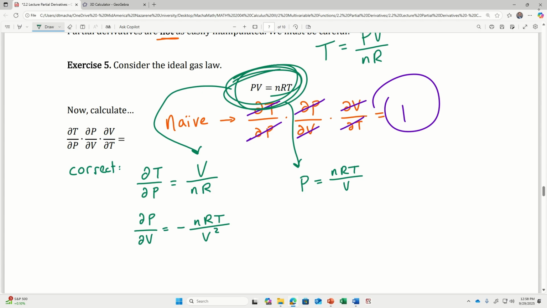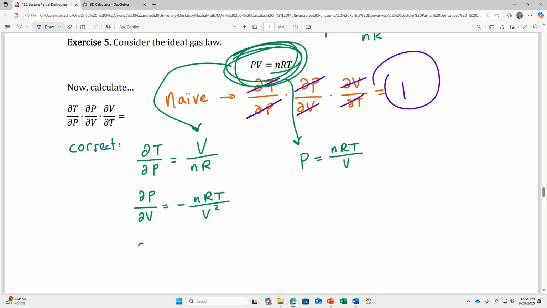And then the next thing I want is the partial of volume with respect to temperature. And using my gas law equation, I have volume equals nRT over P. And so the partial of volume with respect to temperature would be moles times R over pressure.